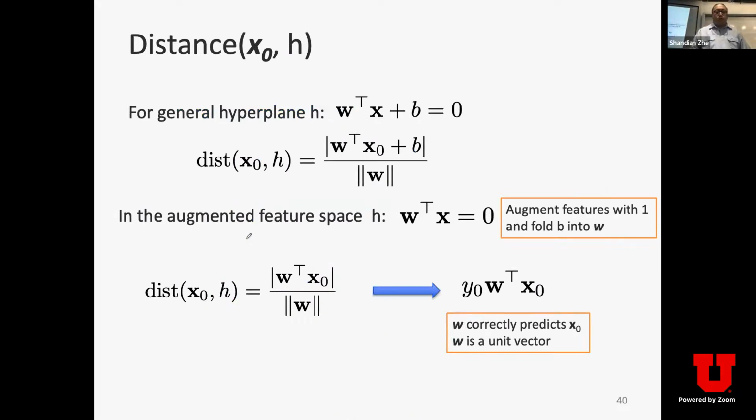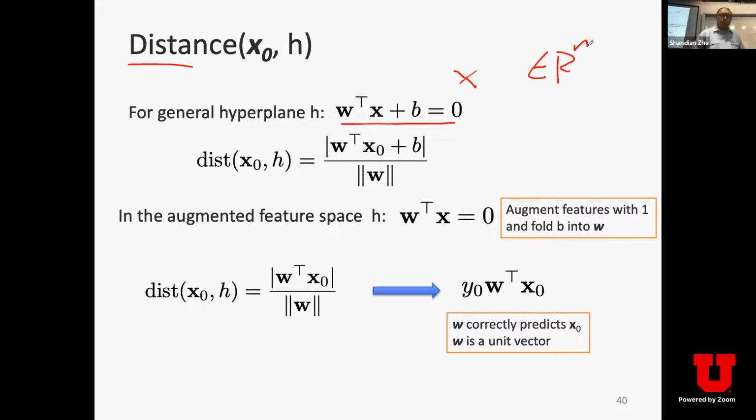And the second thing we want to review is the definition of distance. I'm sure you have already learned this equation maybe a long time ago, but here I just drop it here again for reference. Generally, we can use a linear equation to represent a hyperplane: W transpose X plus B, and it can be in arbitrary dimensional space.